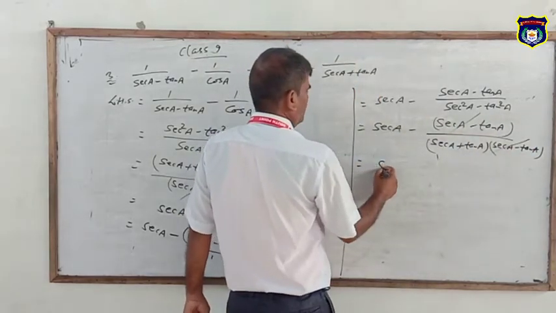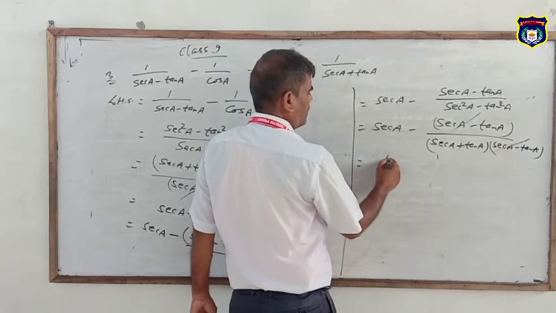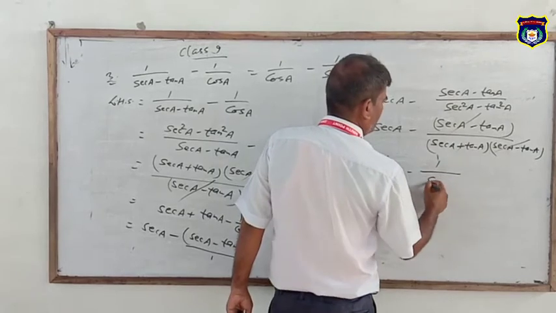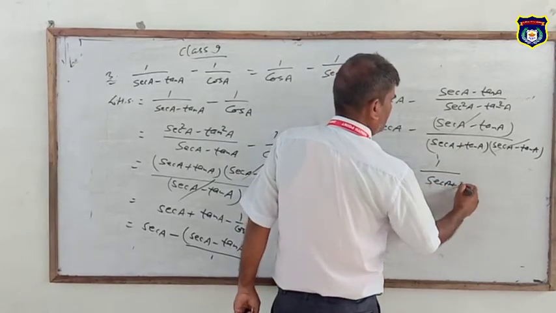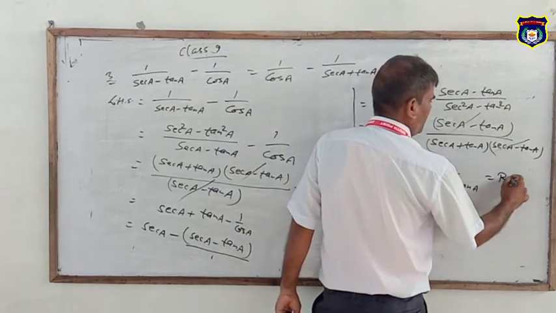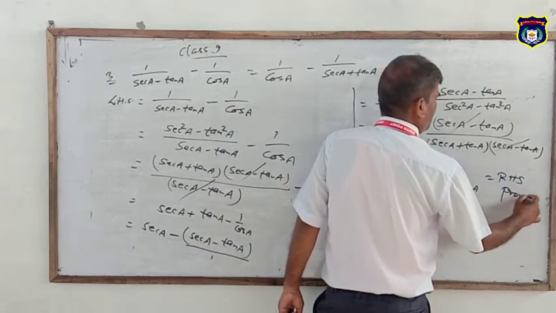So this is sec A is equal to 1 by cos A, and 1 by (sec A plus tan A) is equal to, yes, as true.